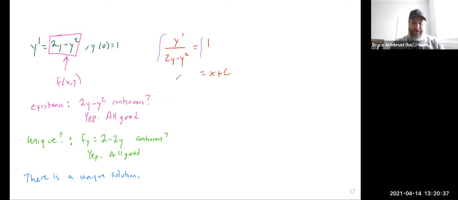Let me see what this gives me. All right, so I get a minus 1/2 natural log of y minus 2 over y.